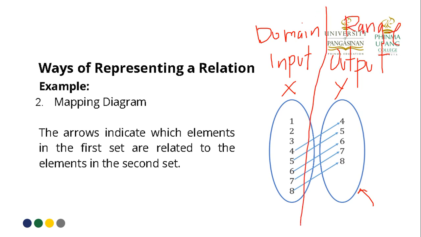That is the difference of the two. So domain, input, x are the same. Range, output, y are the same. Alright? I repeat, domain is the set of all x values in a relation. Range is the set of all y values in a relation.